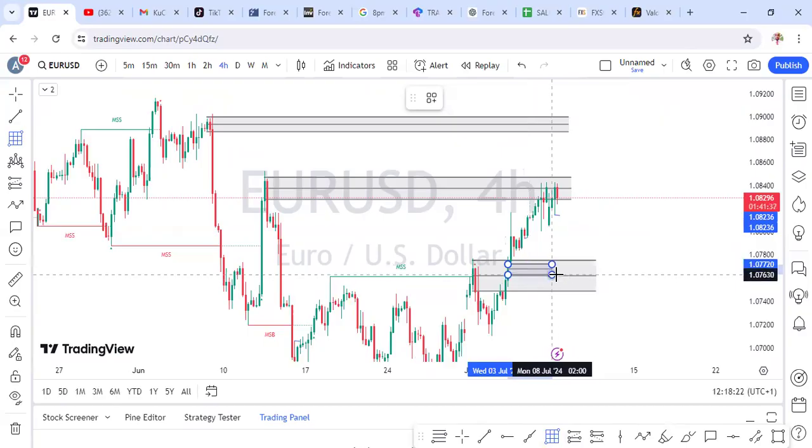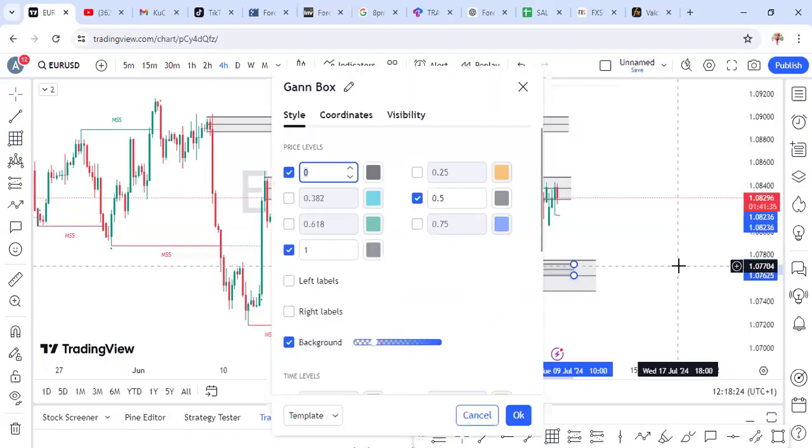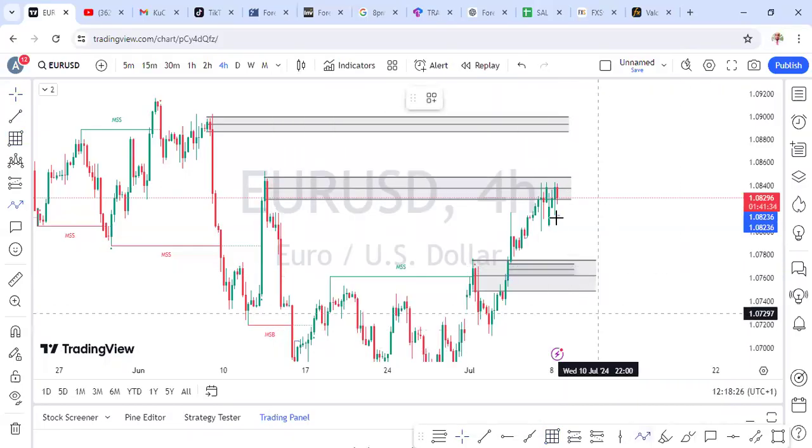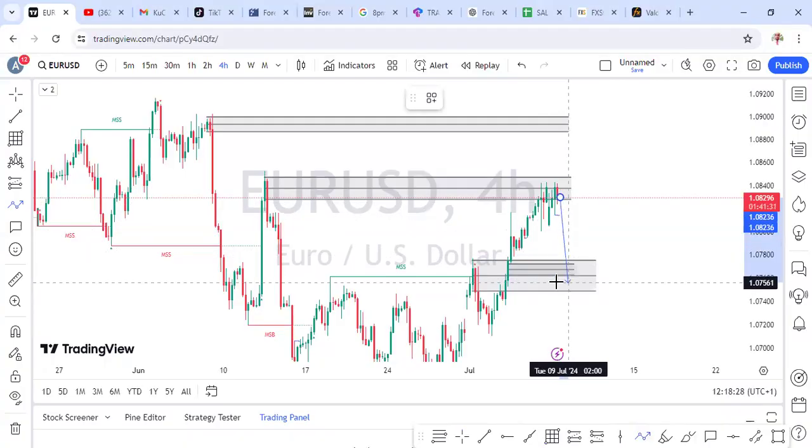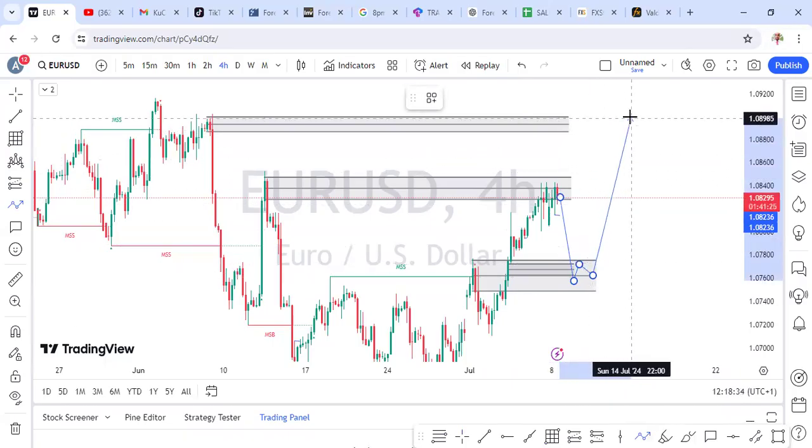So we have that gap, we have this fair value. So maybe price can do what? We can have a sell to this institutional reference before the buying we are looking at will happen.